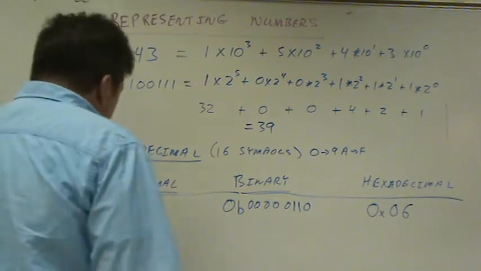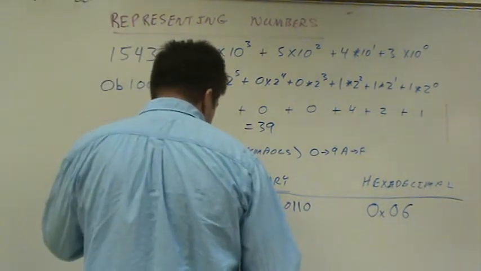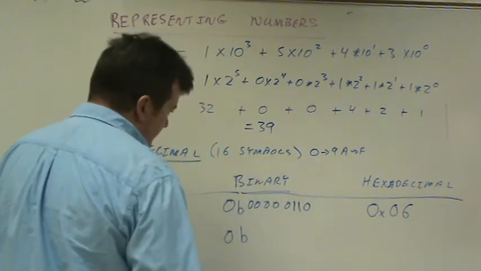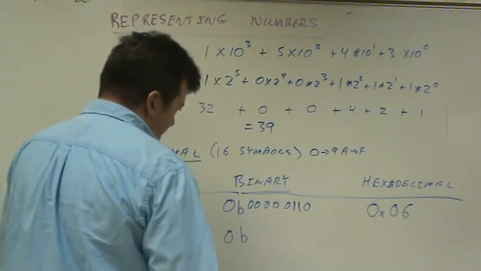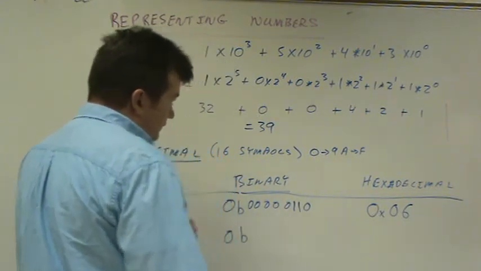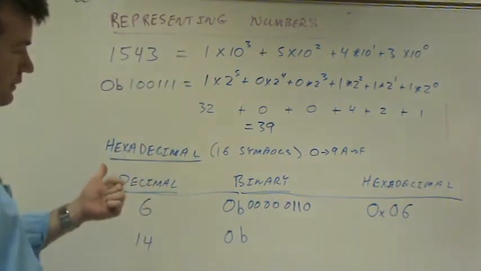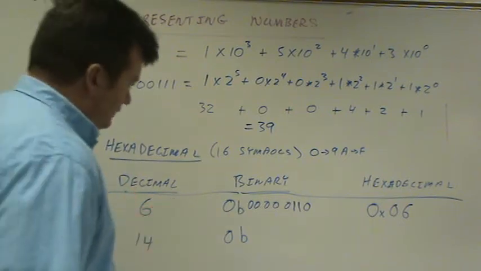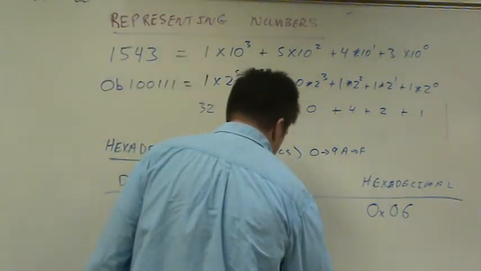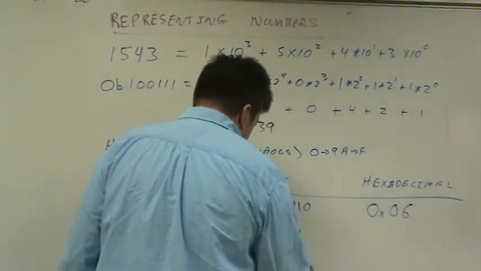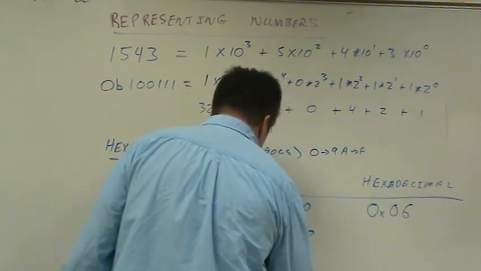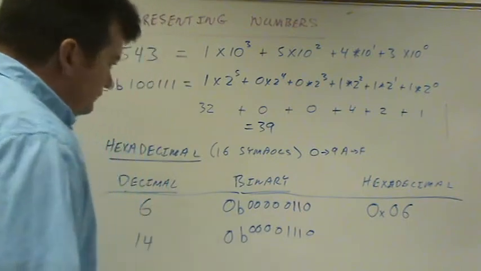Okay. For 14, the binary representation would end up being 8 plus 4 is 12 plus 2. That's it. So it should be 1, 1, 1, 0.